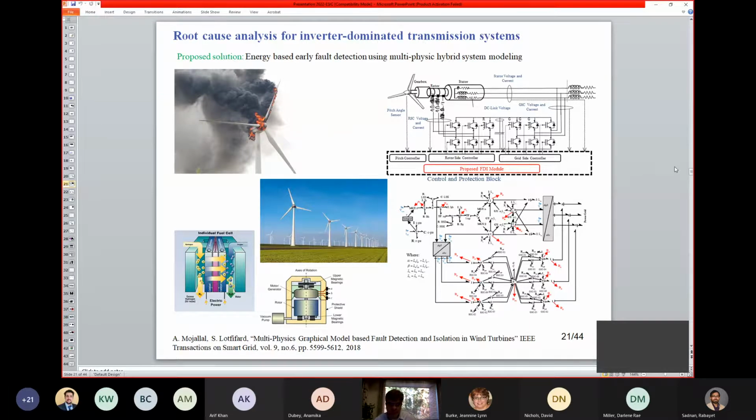Protection is mostly done using fast fuses, so we can do that fairly straightforwardly. But for early detection, that is the issue. Those switchings are the main difficulty, which we tried to address using this new modeling, and we got very interesting results. Of course, you can always extend it.